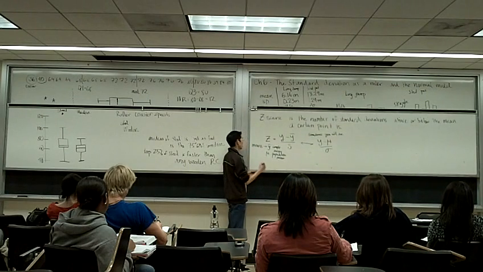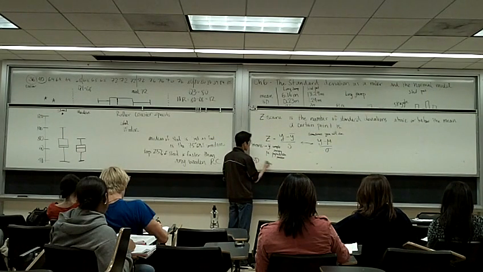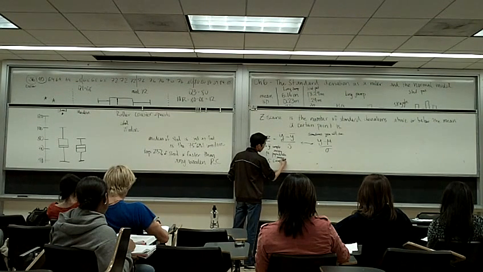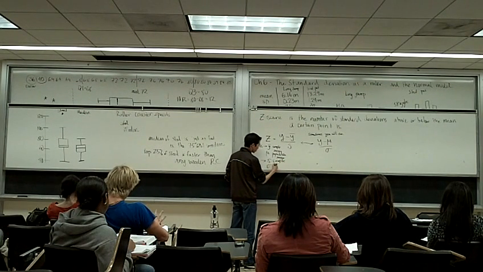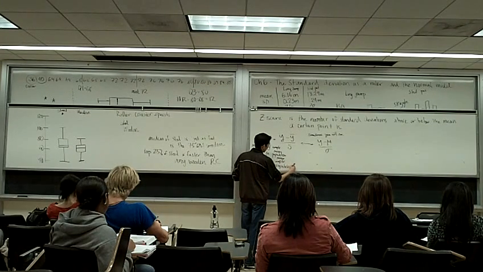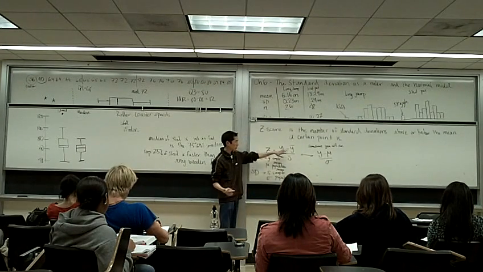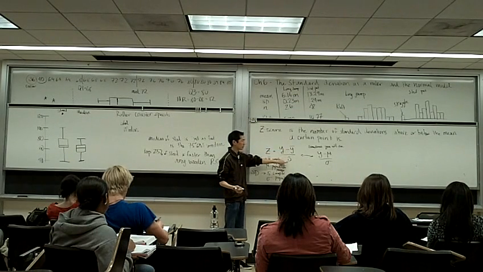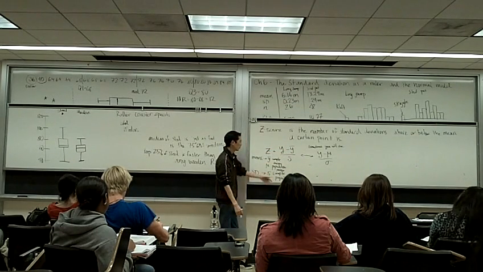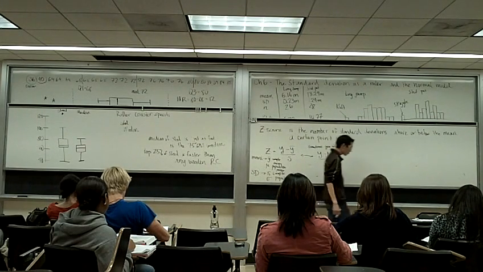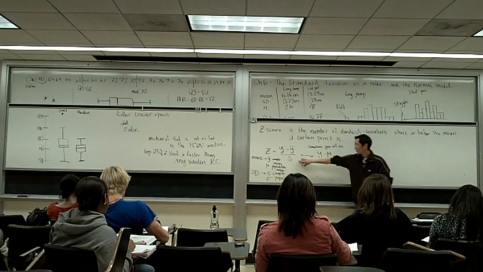Okay, and then for standard deviations, s is the sample standard deviation, and sigma is for the population. Okay, so you'll see either one of these things. What you won't see is y bar mixed in. Well, actually, that's not true. Sometimes they'll mix them up. But in general, you'll see one or the other.